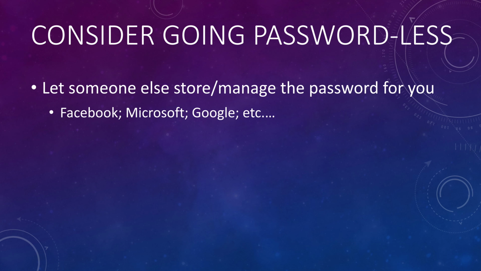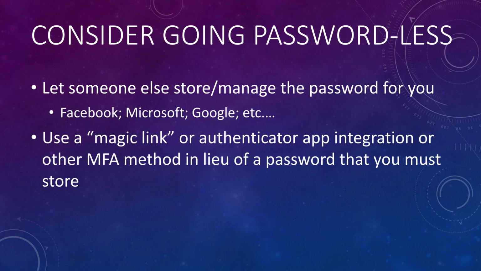However, having said that, there are still some other things you can do to go passwordless. Basically, you can use the multi-factor authentication method that the user had enabled. You can shift that over and use it as the password process. There are authenticator apps, and there's the magic link method.